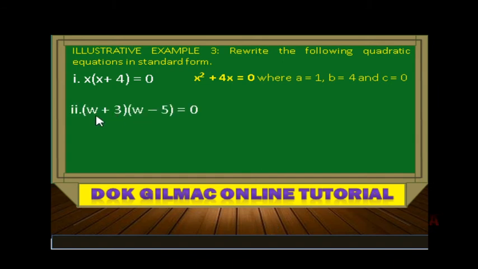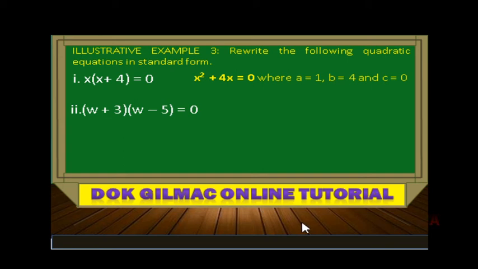Double I. The quantity w plus 3 times the quantity w minus 5 equals 0. Apply the FOIL method to be able to rewrite this in standard form. So we have w times w, plus 3 times w, minus 5 times w, minus 5 times 3.